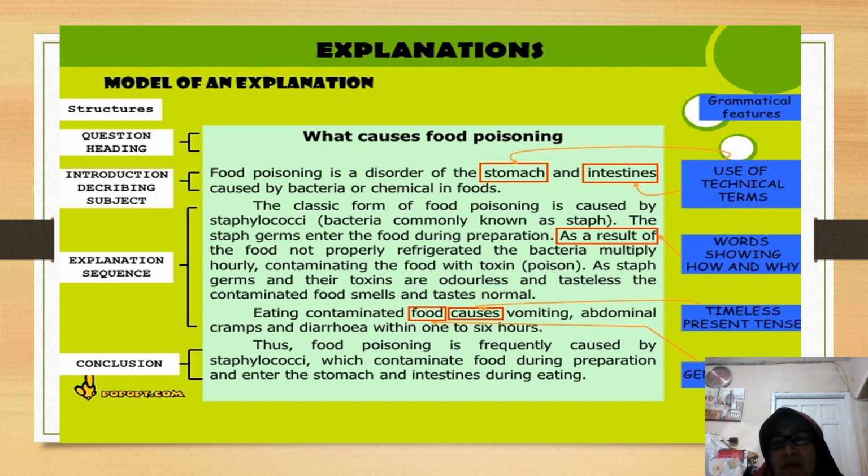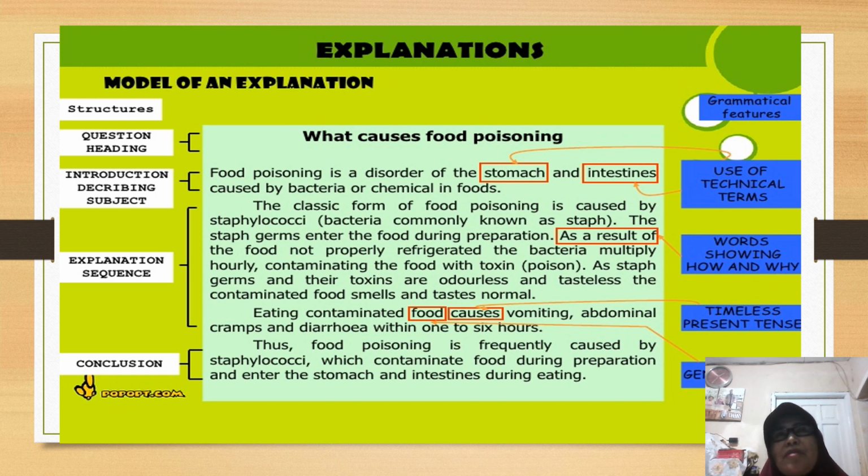And then on your left side, it is shown the grammatical features of the text. For example, the use of technical terms such as stomach or intestine, in bahasa usus. And then what's showing how and why, such as here, as a result of.